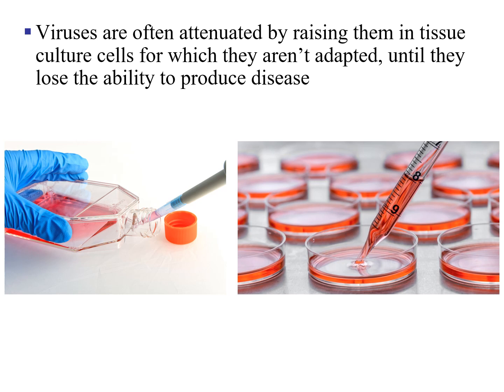You start off with cell culturing. Viruses are often attenuated by raising them in tissue culture, for which they aren't adapted. They will then, over time, lose their ability to produce the disease. Now, this may take many passes through those horizontal flasks. You put some cells in that horizontal flask, you allow them to grow, and then you remove them and put them into another flask.